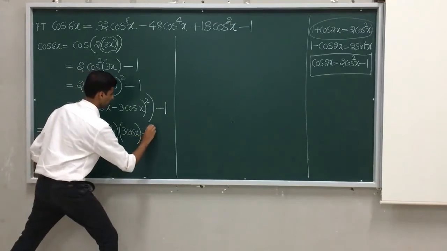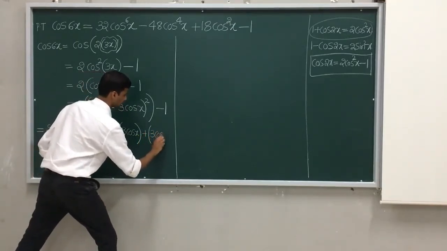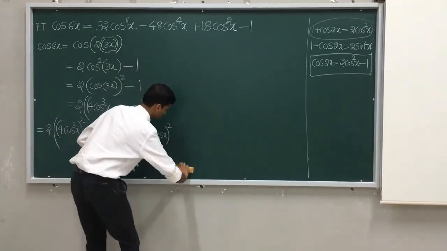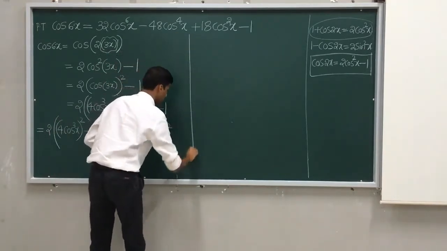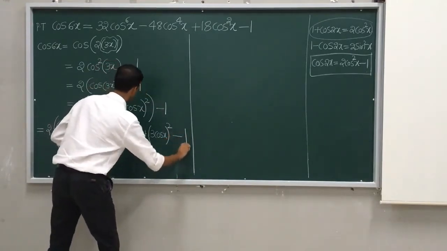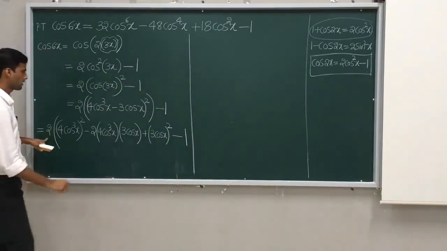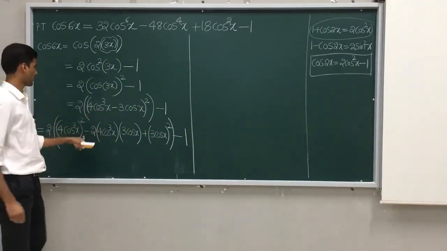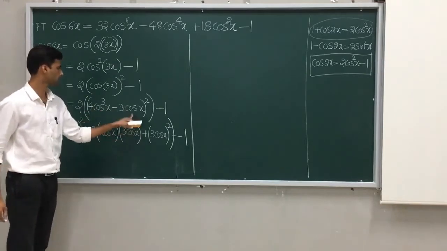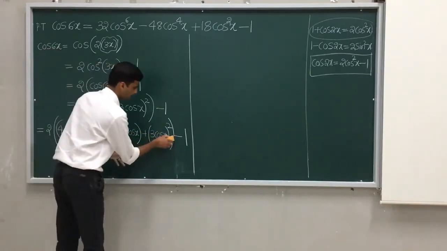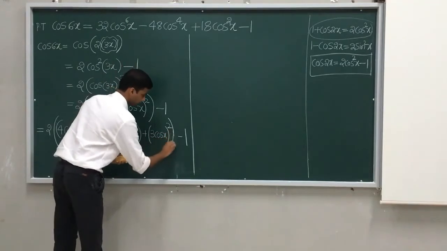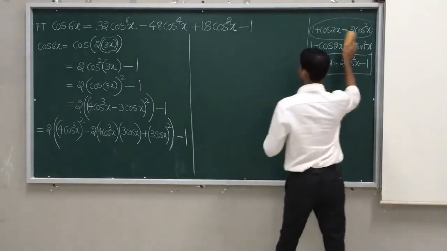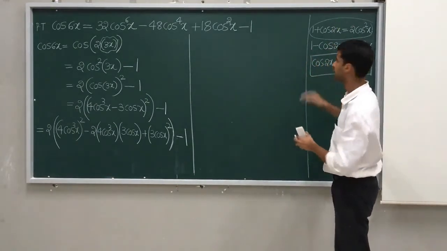What is b square? (3 cos x) the whole square. What term is left? Minus 1. Check once again, I need to put one more bracket: a square minus 2ab plus b square. What term is left? Minus 1. Yes, hope you understand. Now rearrange this term. Hope you understood this technique.